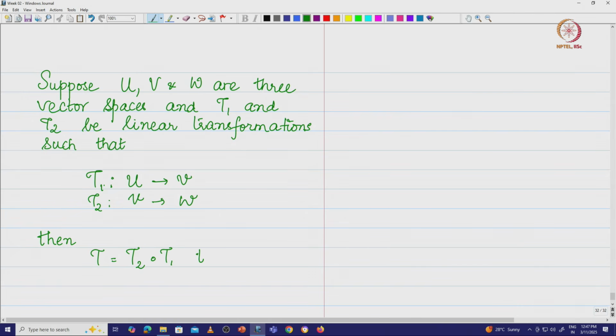Then T is a linear transformation from U to W.